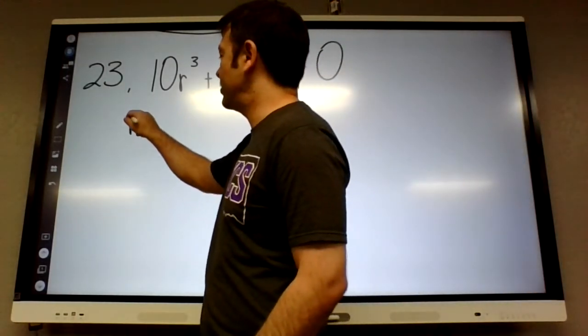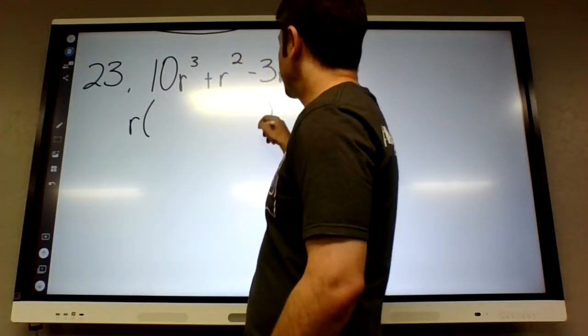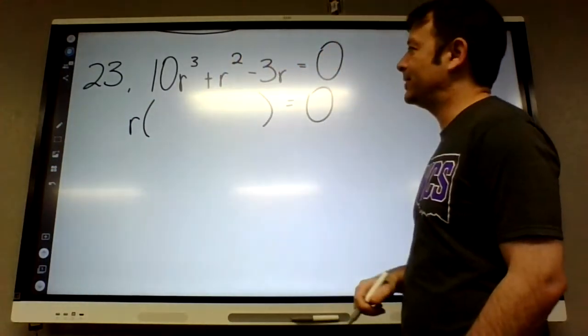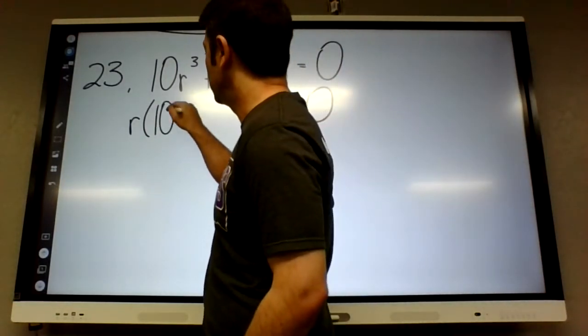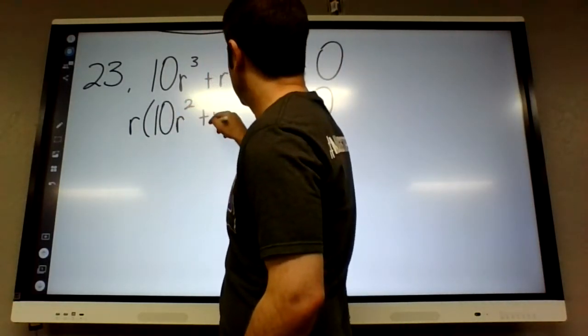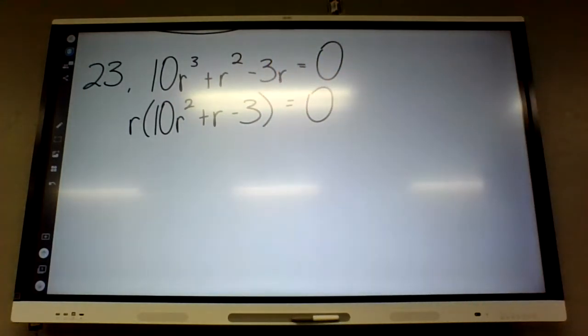So we're going to take out an R. You can't throw it away. You just put it out in front of the parentheses. And what's left if we take an R out? They just all lose an R.